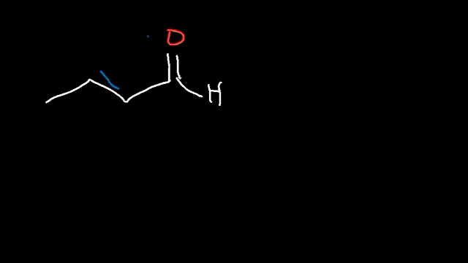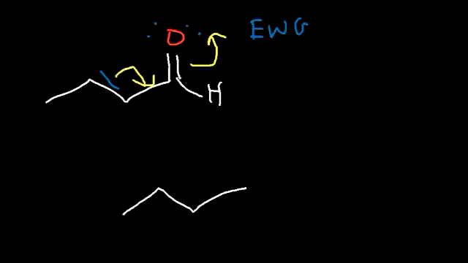In this case, the arrow is going to flow towards the carbonyl group. The carbonyl group is going to pull the electrons toward itself. And so that makes it an electron withdrawing group. Electron withdrawing groups, they put positive charges on the carbon atoms. So this carbon atom now has a positive charge.